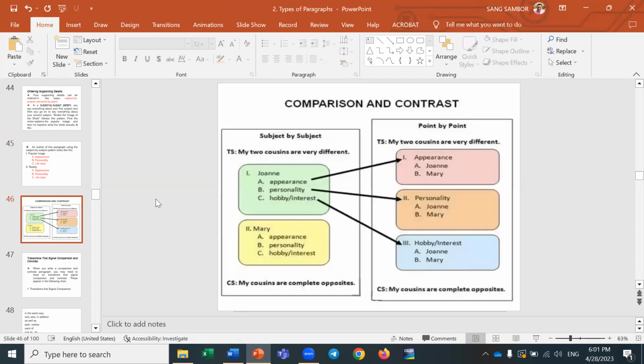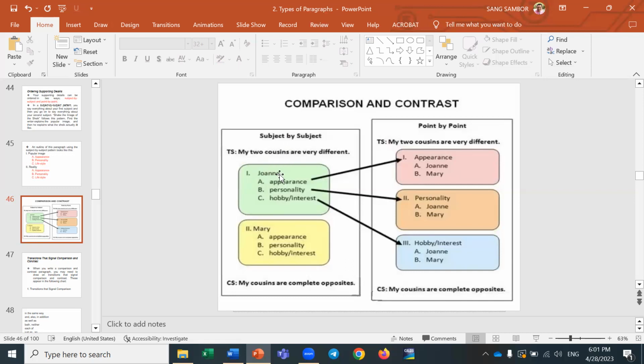When you go to the second one, this is point by point. Everyone, you can just have a look at this. This is subject by subject, so let's see the topic sentence: My two cousins are very different. Here, this is subject by subject.